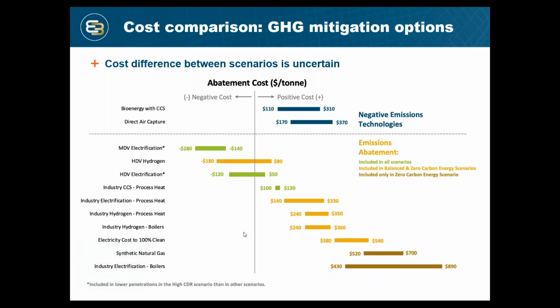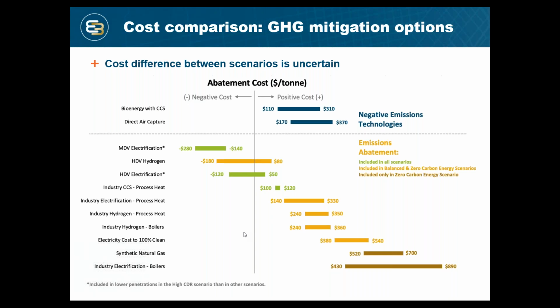So we're not doing a really detailed electric reliability study as part of this work. But what I will say is that in all of the scenarios, we have at least 5% of the total generation by 2040 that's being served by dispatchable resources.